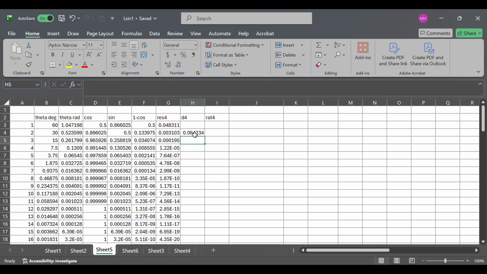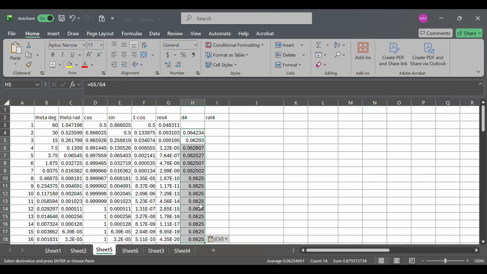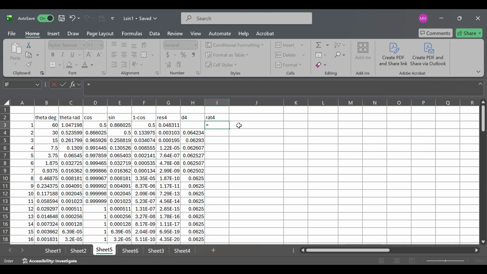And then we'll look at the order of the process by seeing how quickly it declines, and it's 1/16. So that means it's a fourth order process. That means we divide the residual by theta to the fourth power. It's not a big surprise that it's fourth order because we've already done the second order term. The next one would be the fourth order term.